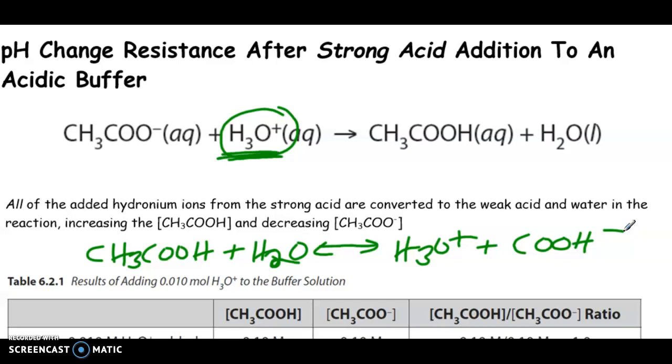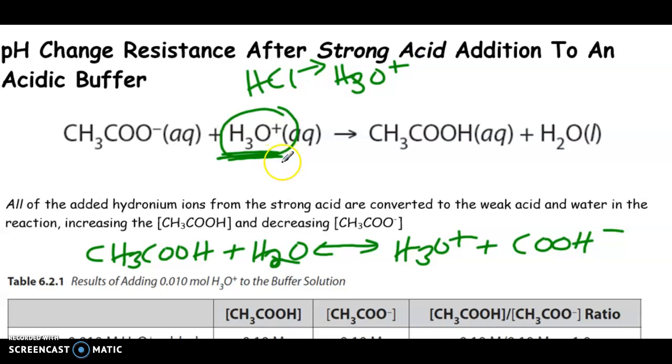Okay, so let's talk about what happens when we add a strong acid to this buffer. Essentially what's happening here is all of the hydronium that is added from that strong acid. So remember that if you have a strong acid, really all of those ions are being produced. So essentially if we have HCl, all of the hydrogens in that HCl become hydronium.